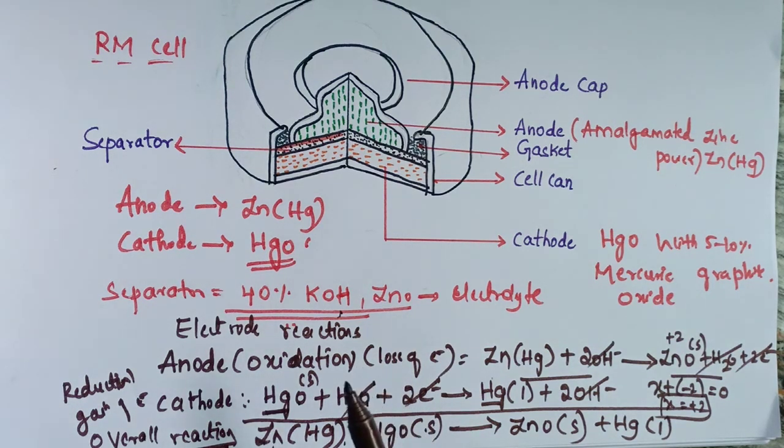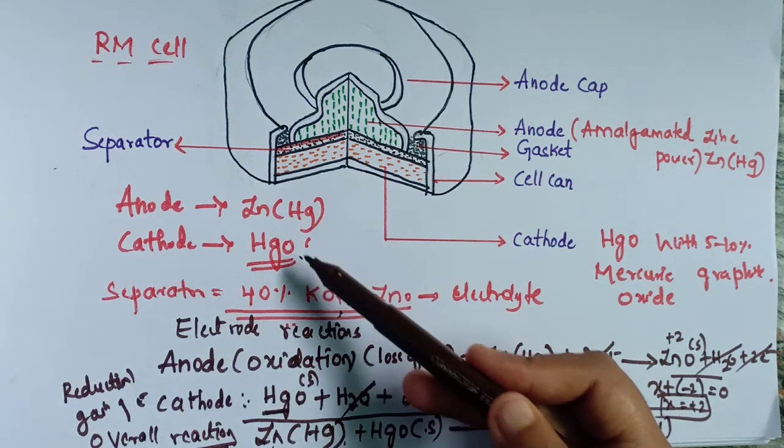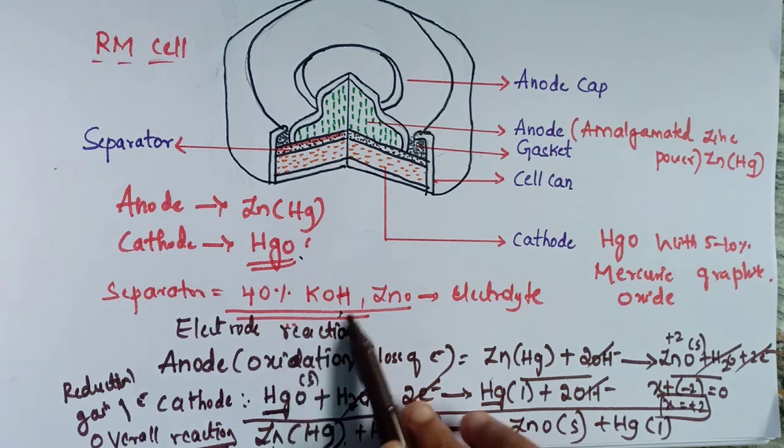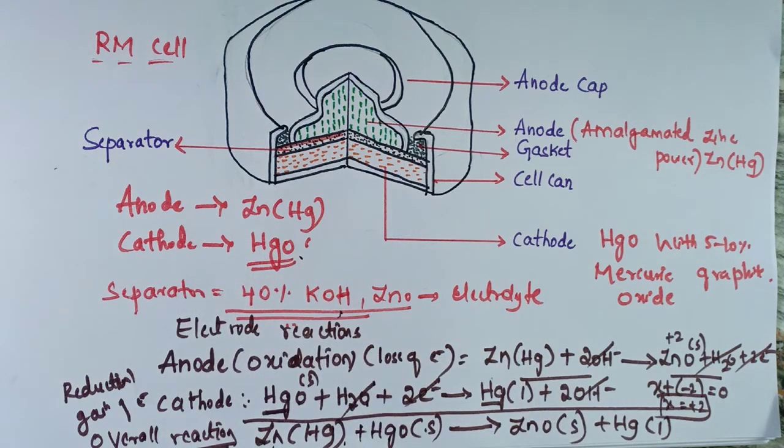This KOH along with the high density of HgO makes this mercuric cell very compact and also available in flat pellet forms.